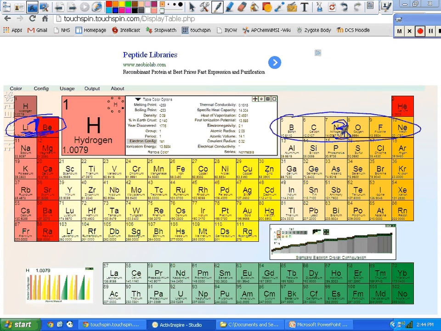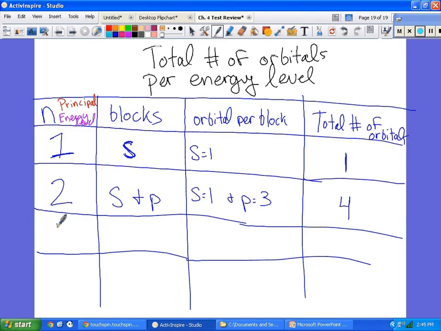When you have the third energy level, you have the S, the P, and the D. So the S will have 1 orbital, the P will have 3, and the D has 5. So the total number, and the key word here is orbitals, will be 9.